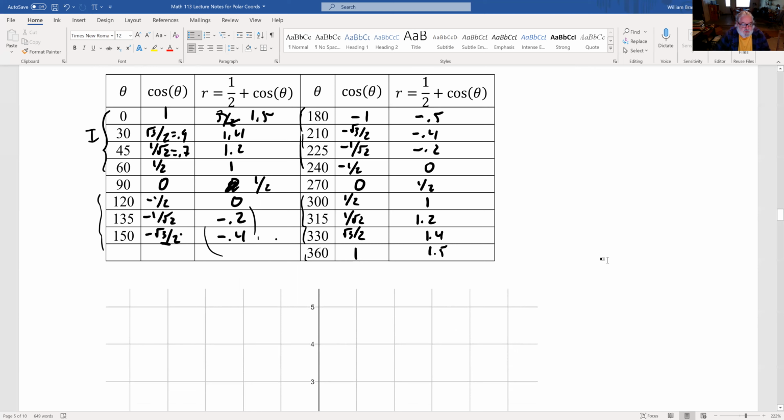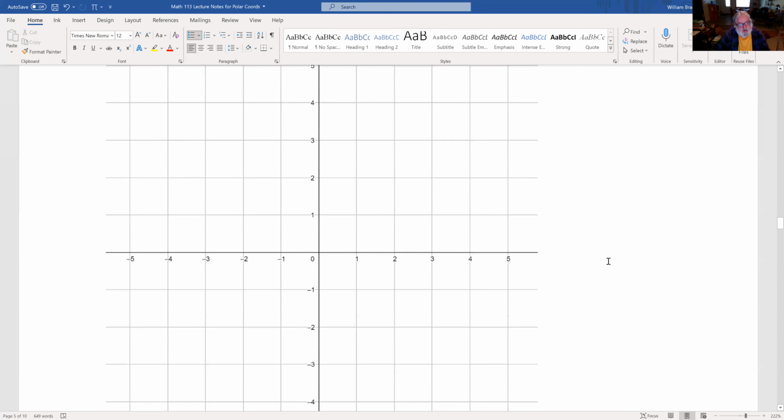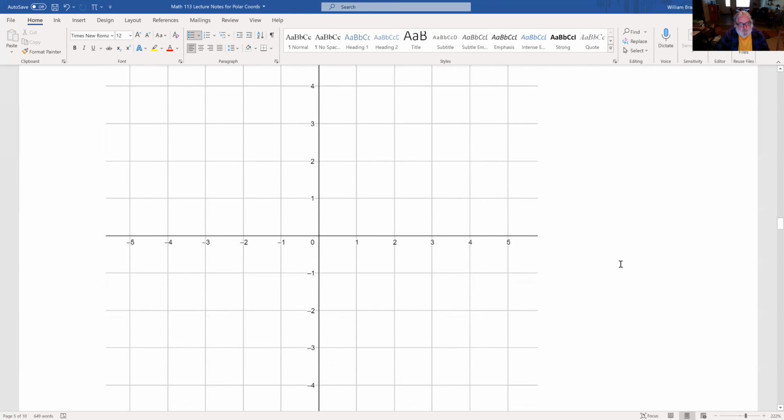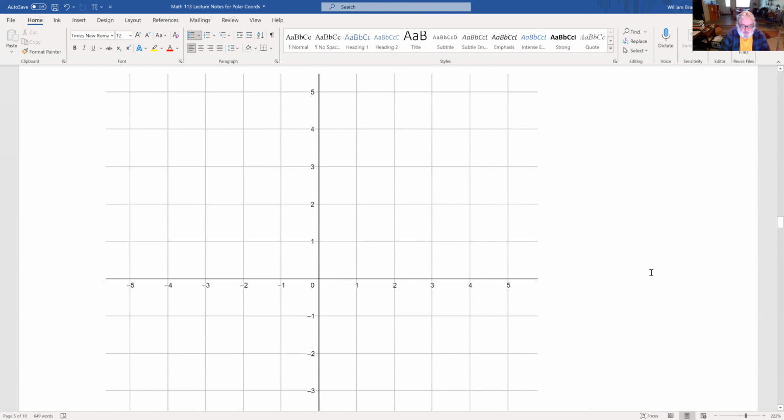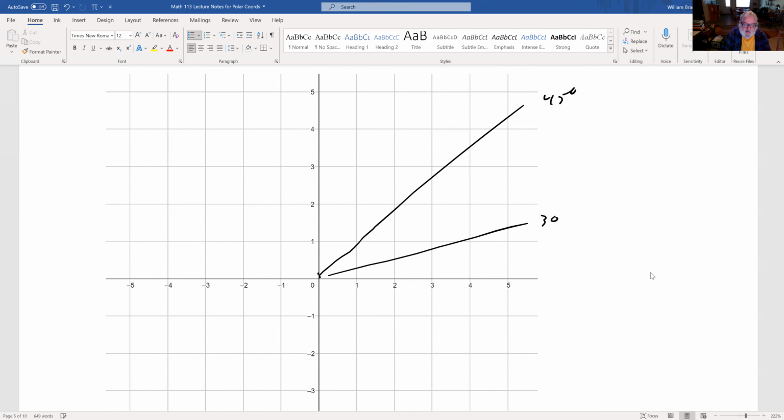So in the first quadrant, oh, and here's how you graph this on an XY plane instead. So you have to sort of draw on your own angles. 30 degrees is something like that. 45 degrees is something like that. And 60 degrees is something like that.